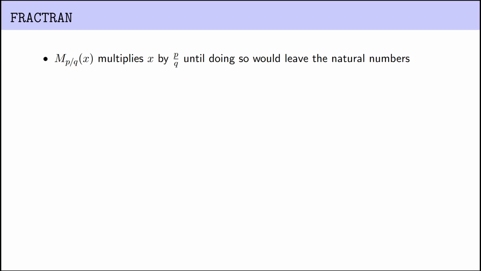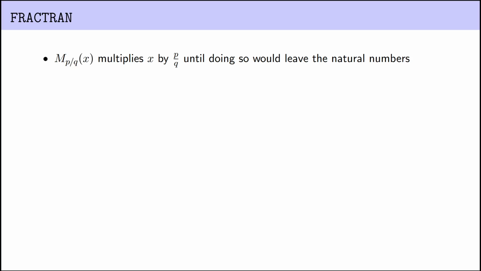We would like to be able to operate on the exponents of a number, written out in terms of its prime factorization. Right? We had the number 2 to the x, 3 to the y, and we wanted to be able to extract x from that. And the way to do that is with an operation that multiplies by a fraction until it can't, until doing so would leave us with a number that wasn't a natural number.